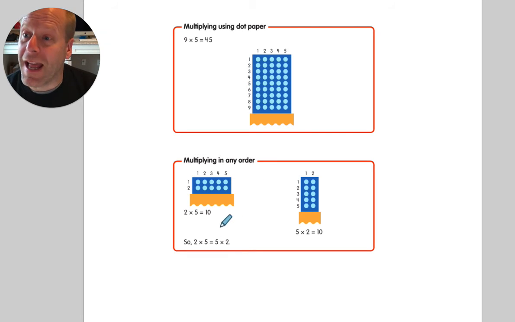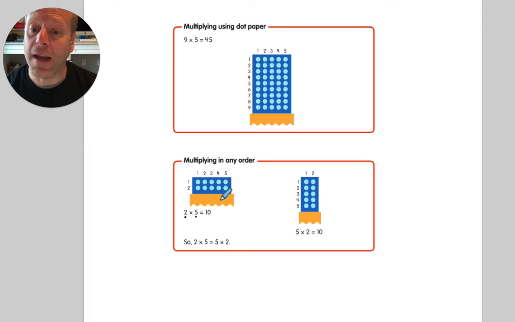The last thing you should remember is that just like addition, when you multiply, you can flip the two numbers, and it doesn't change your answer. So 2 5s, 1, 2, 3, 4, 5, 1, 2, 3, 4, 5 is 10, just like 5 2s are 10. 2, 4, 6, 8, 10. The picture changes a little bit.